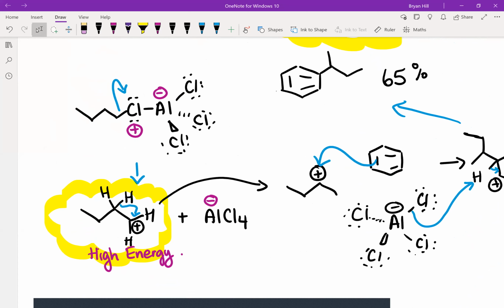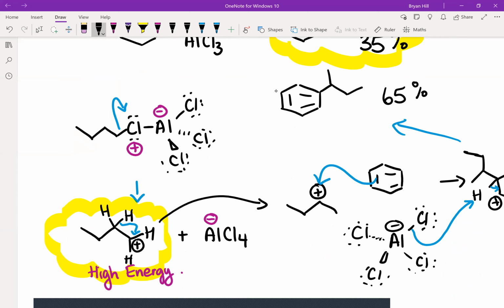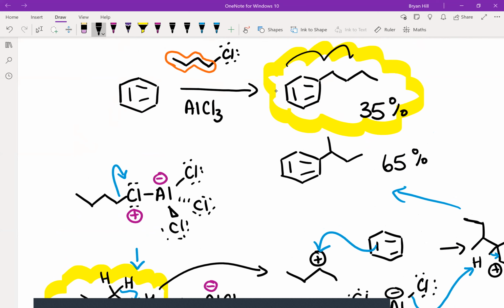Now, the evidence. Making a primary carbocation sort of gives me the heebie-jeebies. I don't like that. But some of the evidence to suggest that you actually do form that is the fact that this rearranges to a secondary carbocation, and this is your major product.